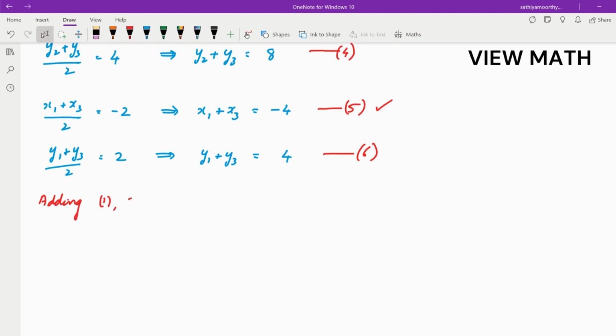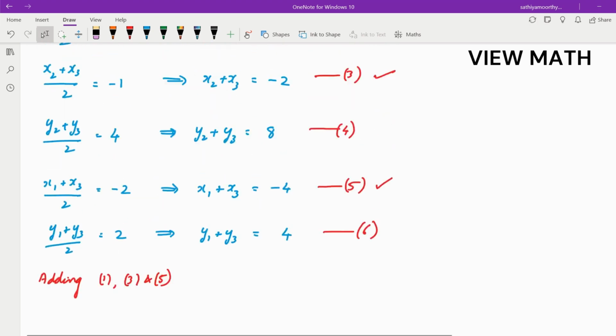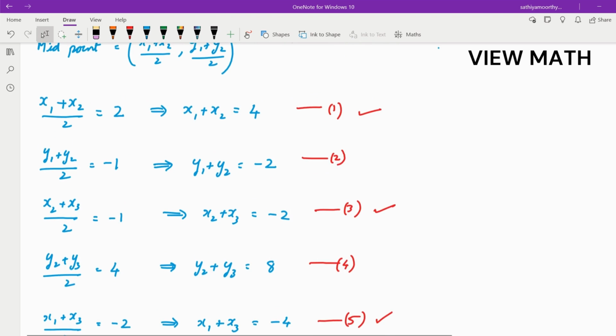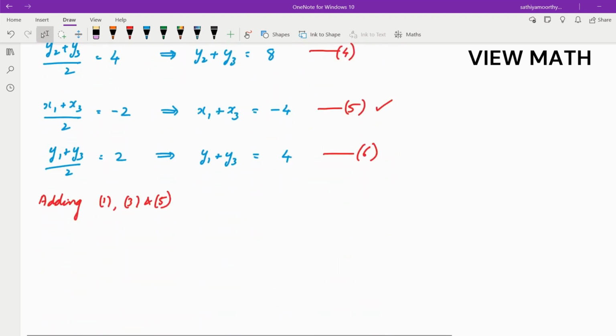First let me write the equations: x1 + x2 = 4, x2 + x3 = -2 and x1 + x3 = -4.